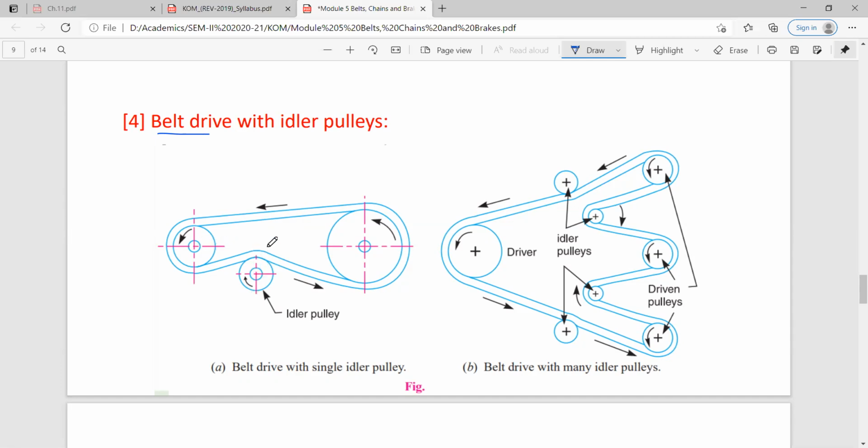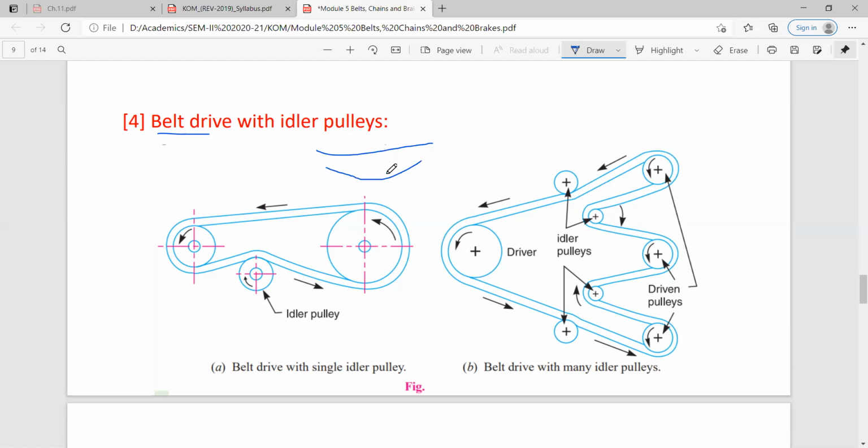If the distance between the two pulleys is more, it might happen that after some time the belt will start sagging. Initially it will run in a tight condition, but over time it might become sagged like this.